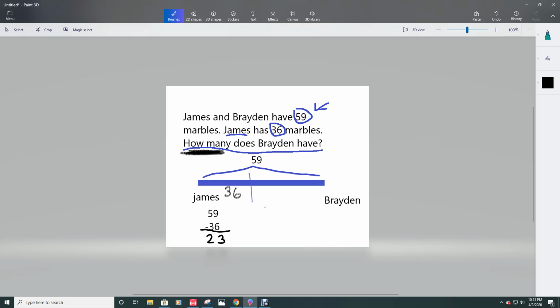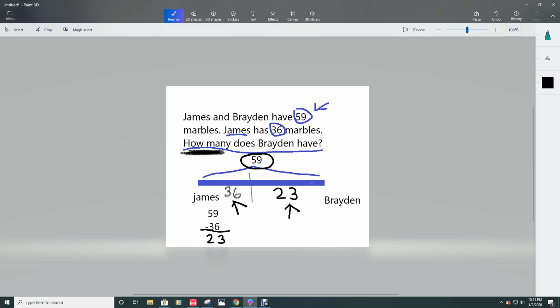Yes, okay. So I've checked my work too, which helps. I made sure that 23 plus 36 equaled 59 marbles. So Braden has 23. James's 36 marbles and Braden's 23 marbles made up this whole bar of 59 marbles.